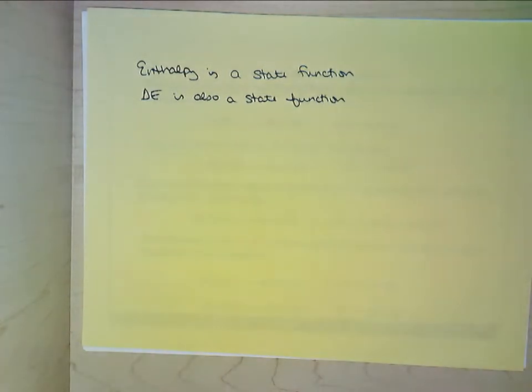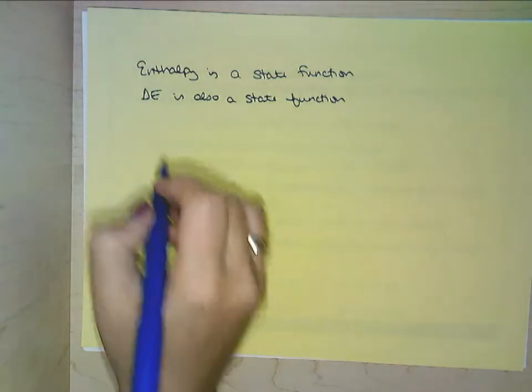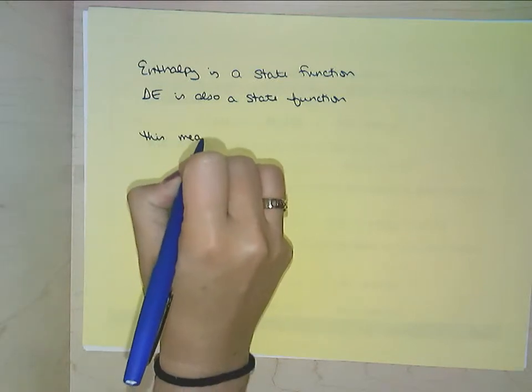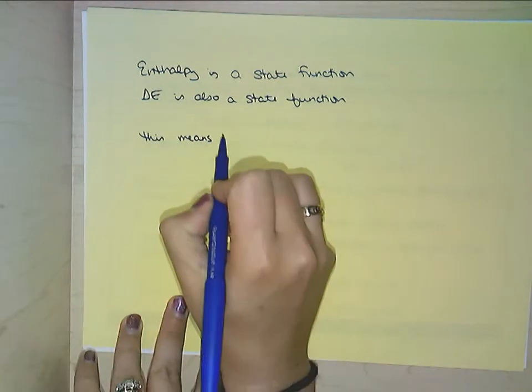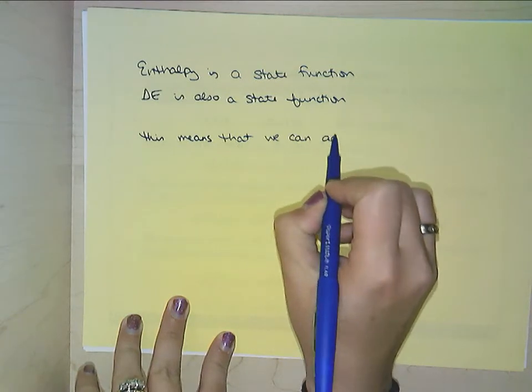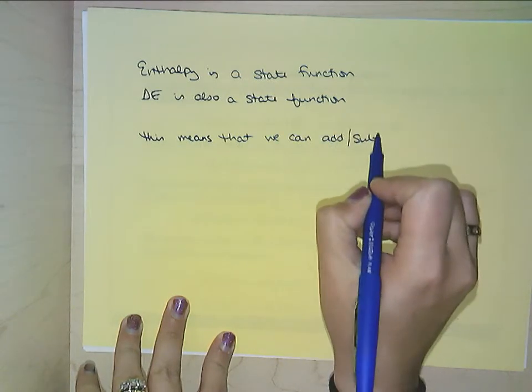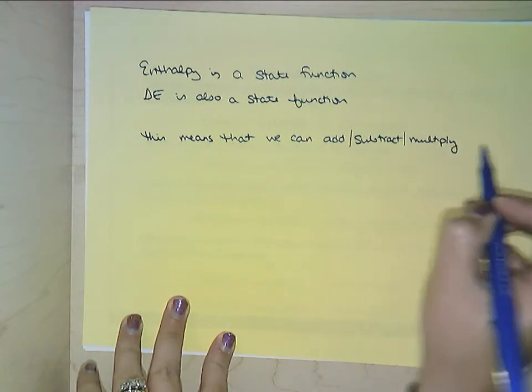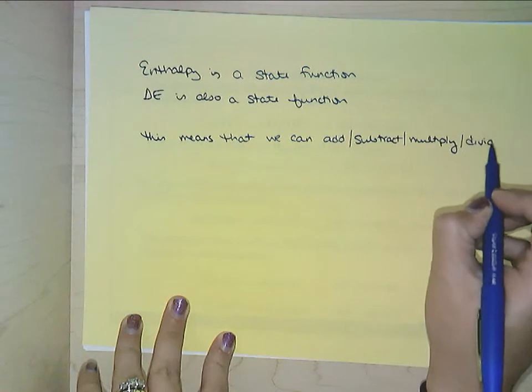All right, so those are our two state functions. It doesn't matter how we get to the final state. It's just going to be final minus initial.